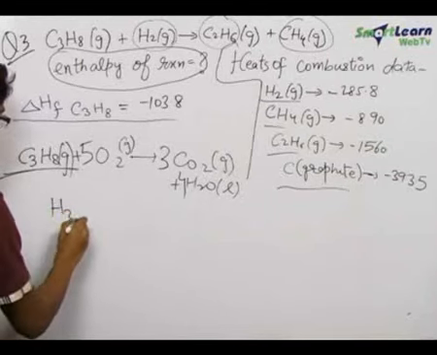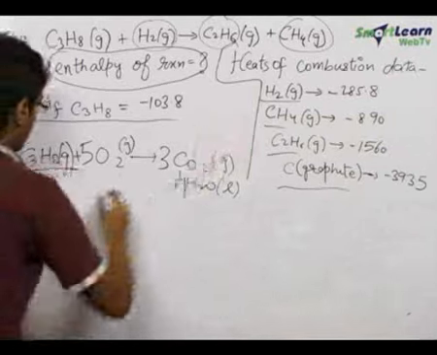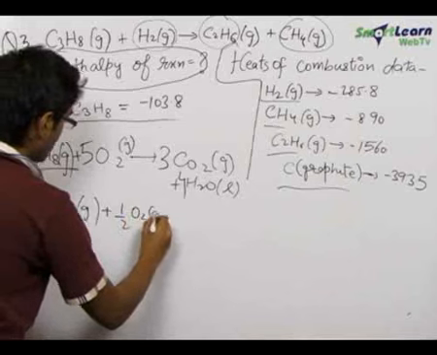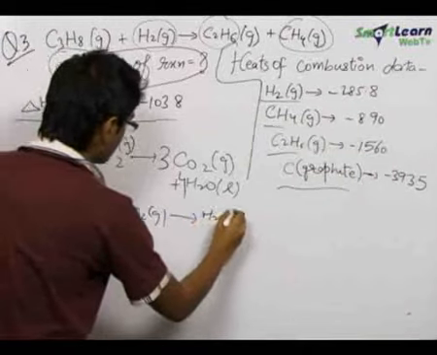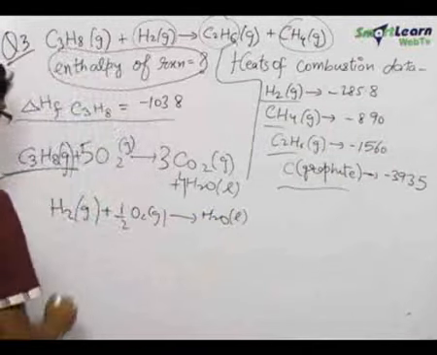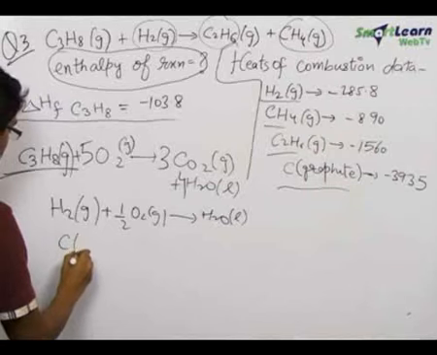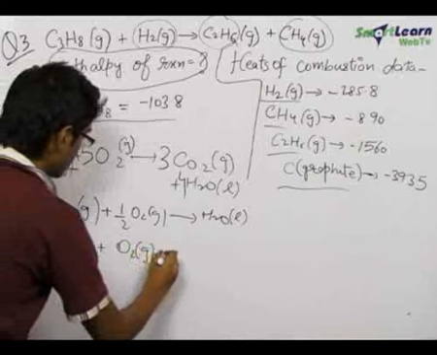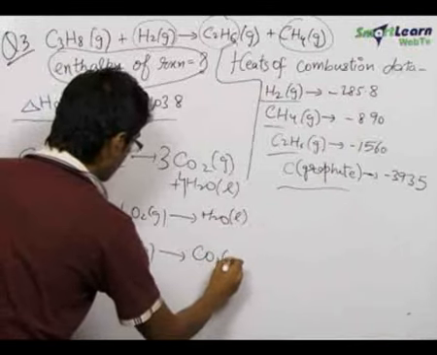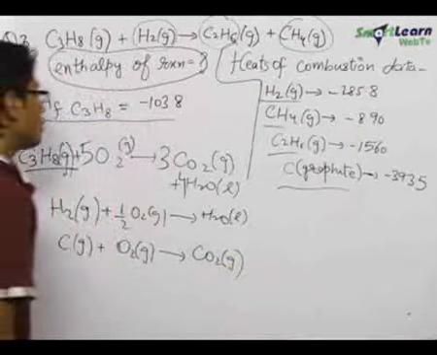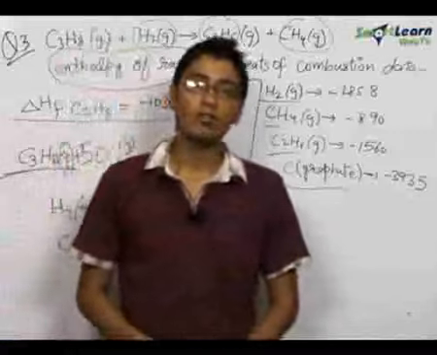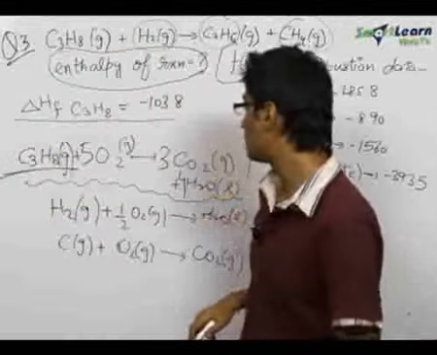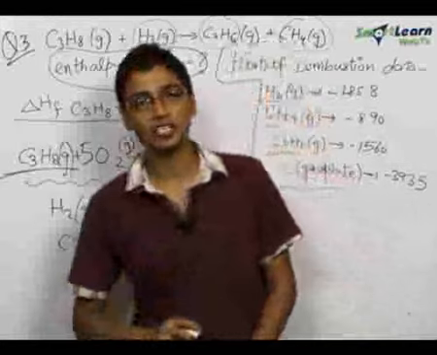What we have is the enthalpy of combustion of hydrogen, H2 plus half O2 gas giving water, and we have carbon plus oxygen giving CO2. Now another thing to remember is what is the enthalpy involved in this reaction, or for that matter in any reaction.